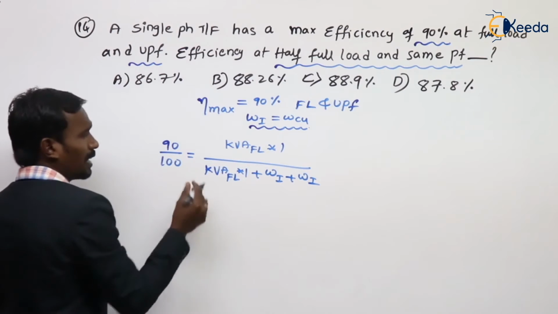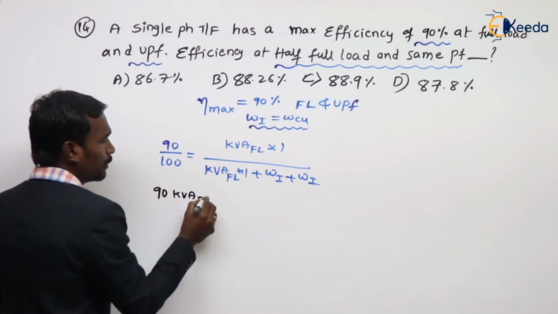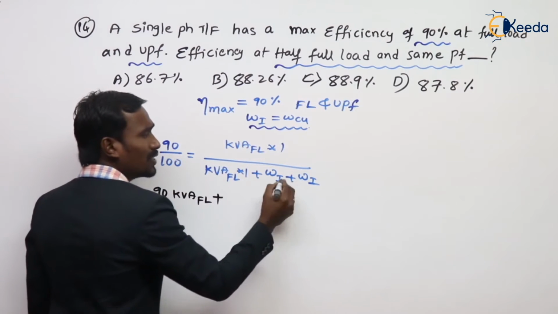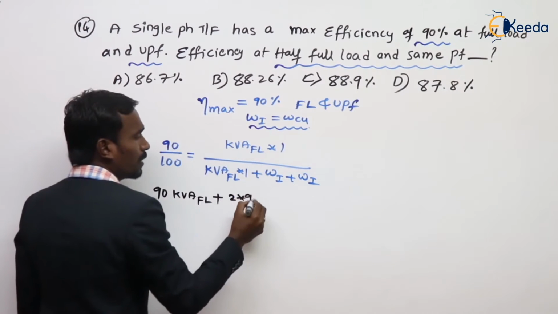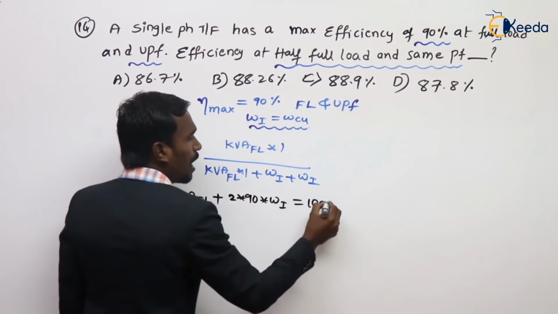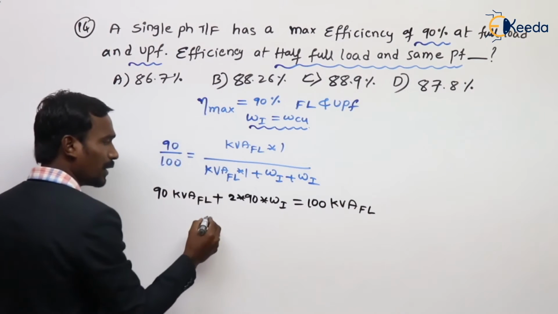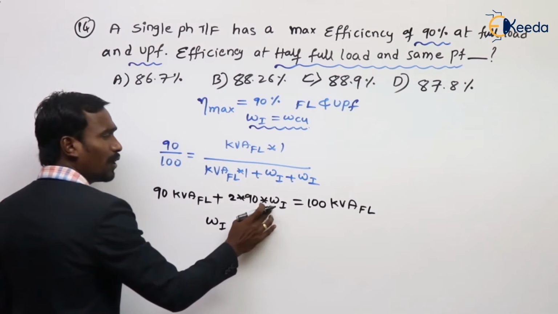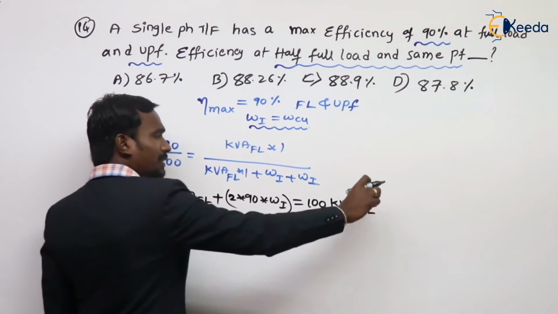So now cross multiply: 90 kVA full load plus 2 W_i into 90, 2 into 90 into W_i is equal to 100 kVA full load. I want W_i, so bring this inside.